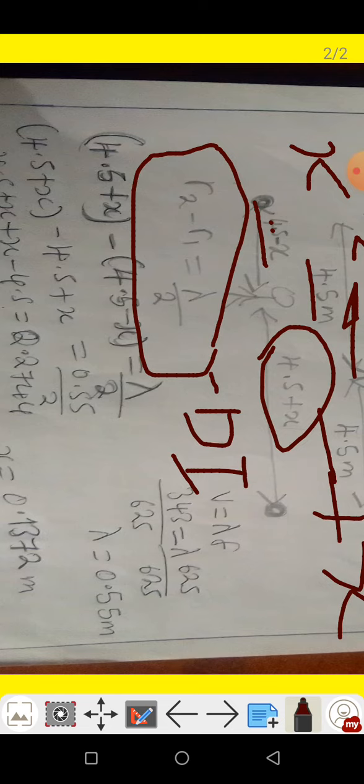Lambda represents the wavelength. So R2 will be the longest distance, which is 4.5 plus x. Then the shortest distance, which we subtract, is 4.5 minus x.